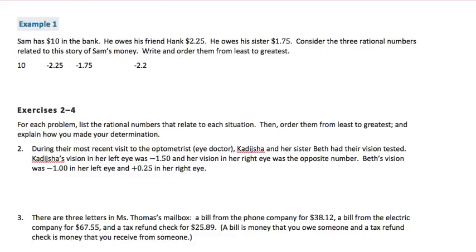But negative 2 and 25 hundredths is further to the left on the number line, because when we work from 0 in the negative direction, we start at 0 and we count negative 1, negative 2, negative 3, and so on. So negative 2 and 25 hundredths would be further to the left than negative 1 and 75 hundredths. And finally, our positive 10 would be the greatest.